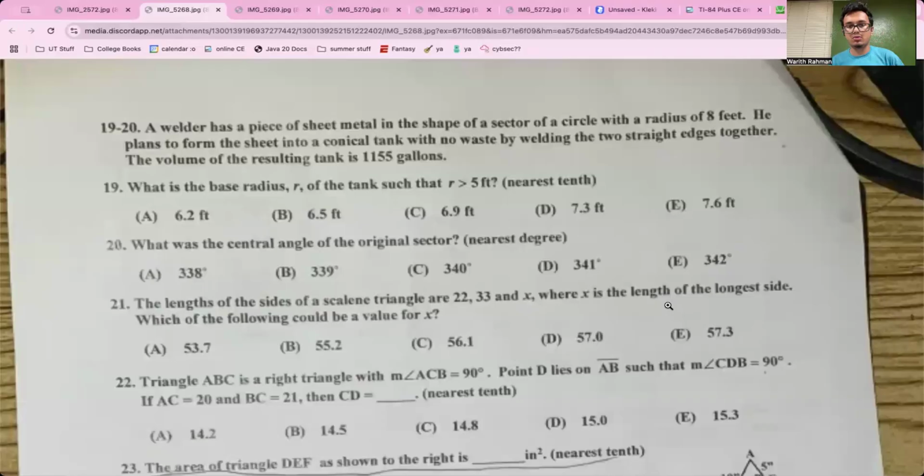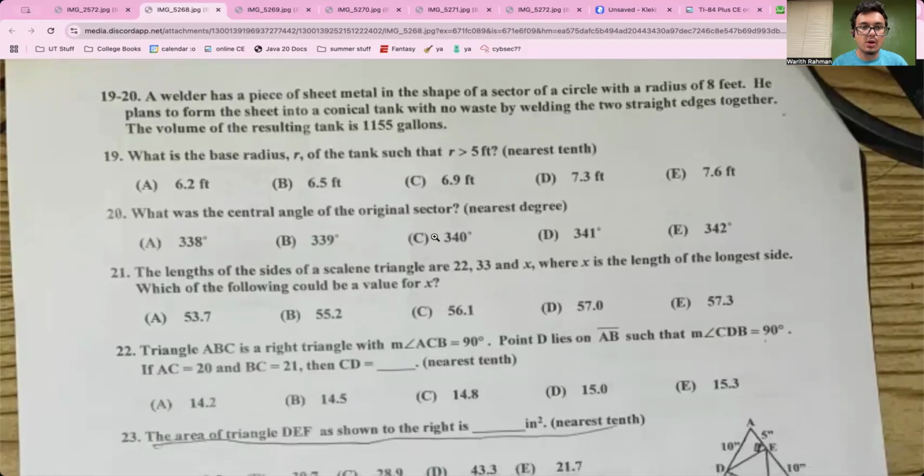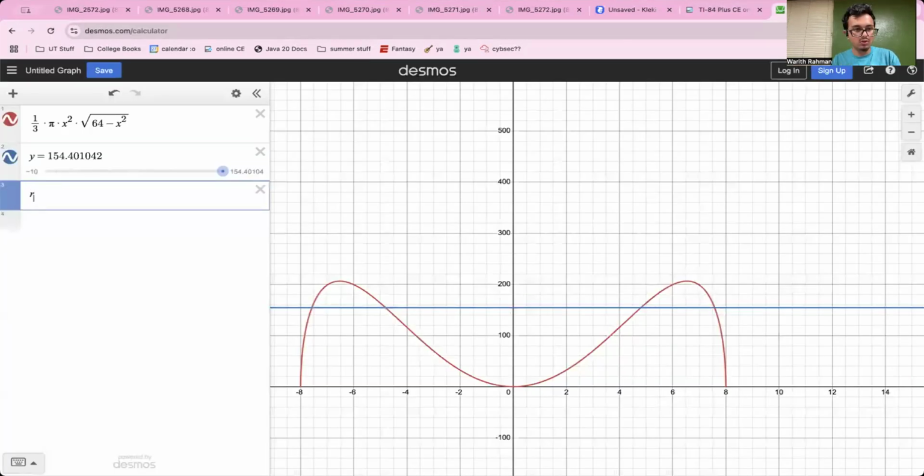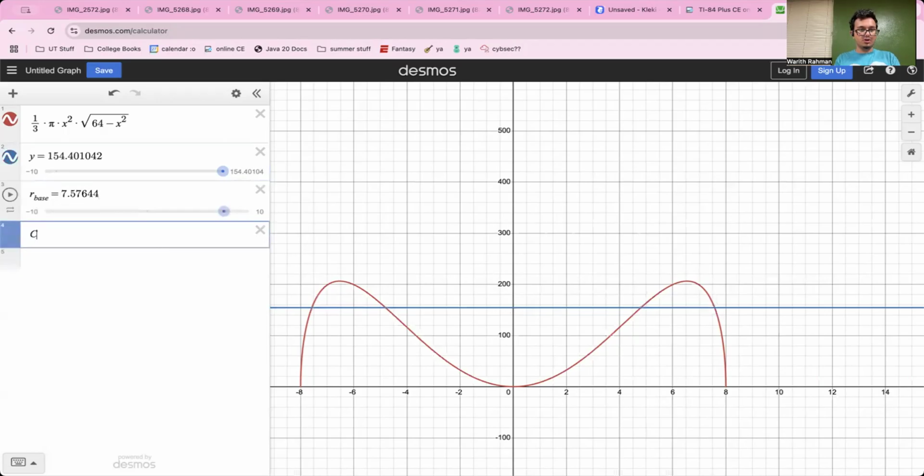Okay. Question 20. What was the central angle of the original sector? Okay, so now we know the base radius, and because of the base radius, we can now find the circumference of the base. Circumference of the base is going to be 2 pi times the radius of the base.